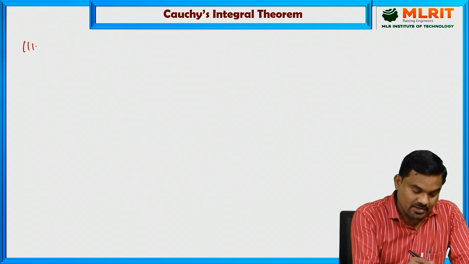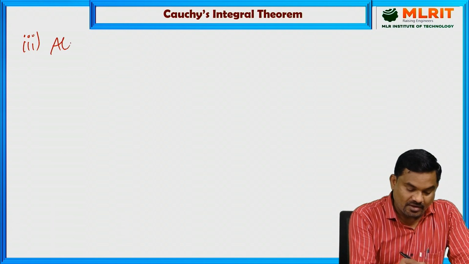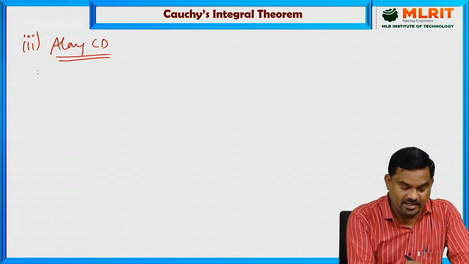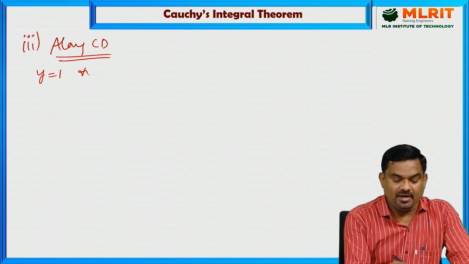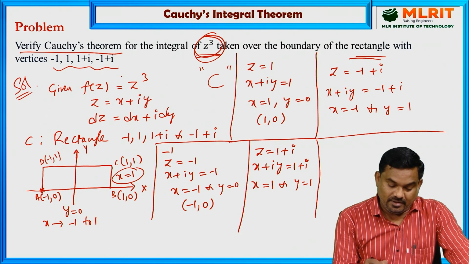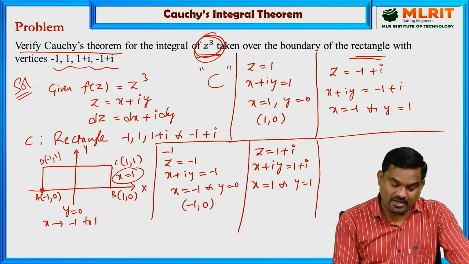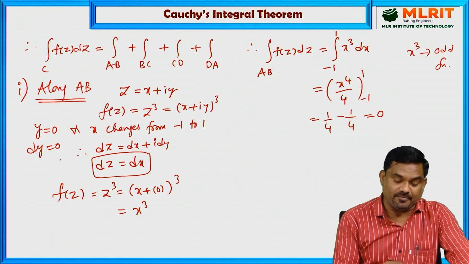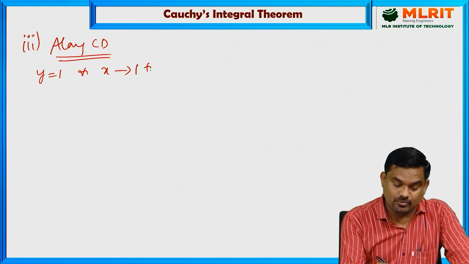Now, the third one, along CD. Along CD, the value of y is 1 and x changes from 1 here to minus 1 here. So x changes from 1 to minus 1.